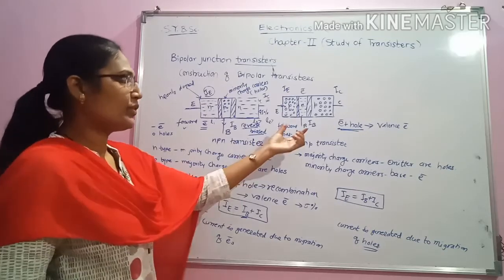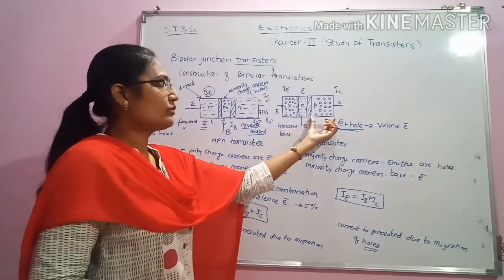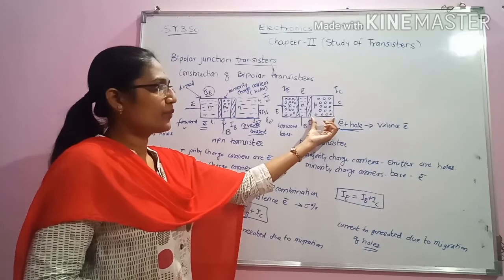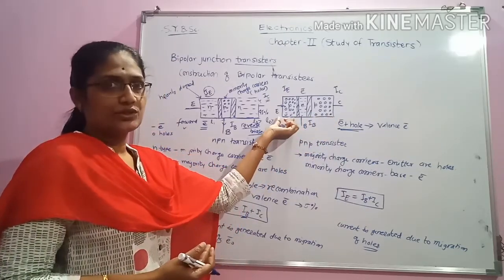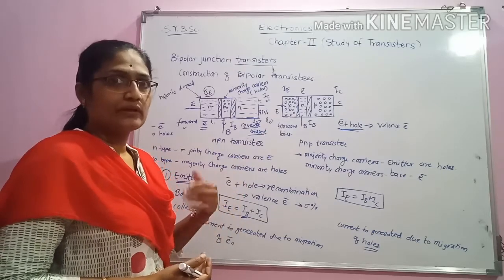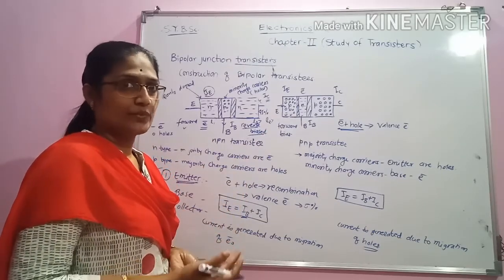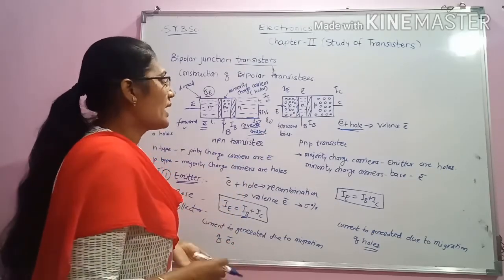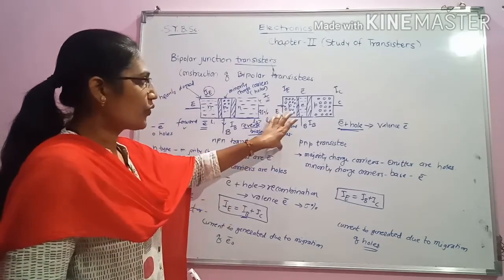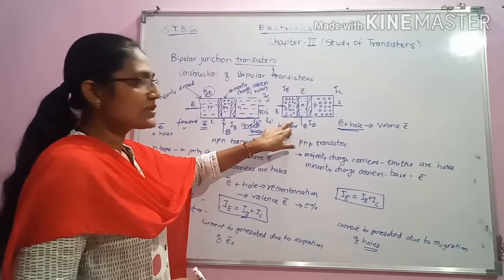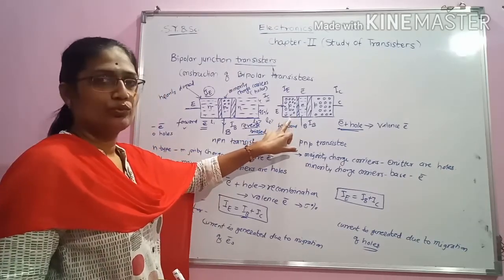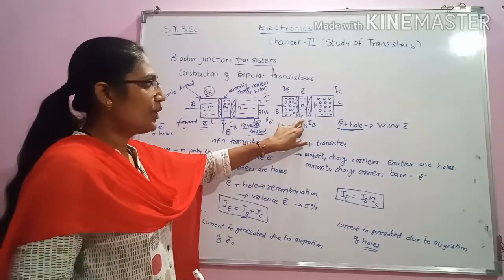Here also the same is the situation. The size of the collector portion is somewhat large as compared to the emitter section in order to dissipate the excess heat which is produced during the process. And here also when we forward bias this emitter base junction, then holes start to move and they will reach the base.